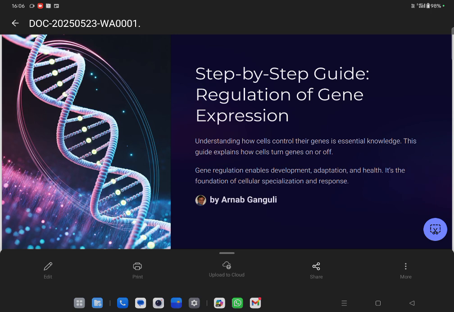When should a gene be turned on and when should it be turned off? Gene regulation enables development and adaptation, and for health it is the enabler. It is the foundation of cellular specialization and response.